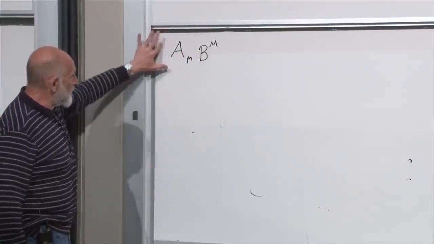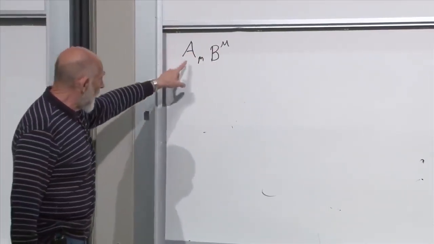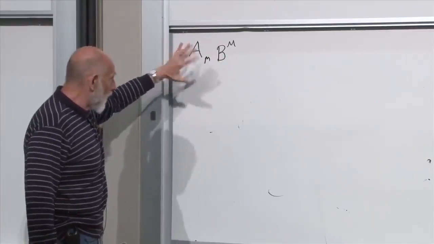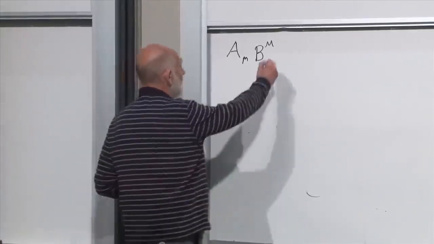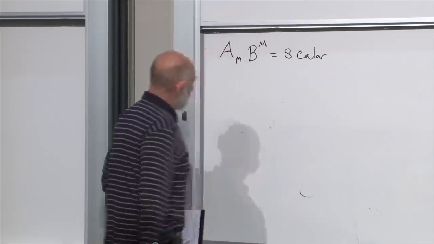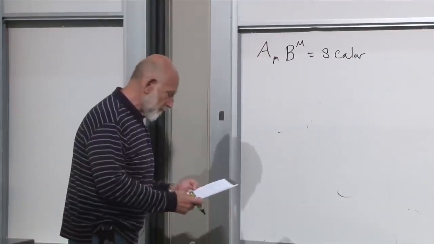I do not have to write sum over mu here. By Einstein's convention, this means A sub naught, B super naught, plus A sub 1, B super 1, and so forth. This is a scalar. In other words, this is a quantity which doesn't change from frame to frame.